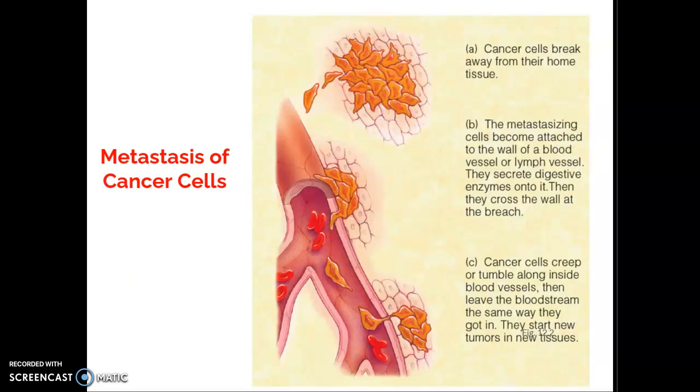Now, metastasis: in order for a cancer cell to spread, it's going to grow in a particular area of the body, and then it's going to use the blood vessels as a highway system to spread. So in metastasizing, the cancer cells leave the main area, travel through the blood system, and tumble along until they find an area to start new growth. Doctors will often say that these will spread, but the growth doesn't actually occur until maybe they remove or destroy one particular tissue type.